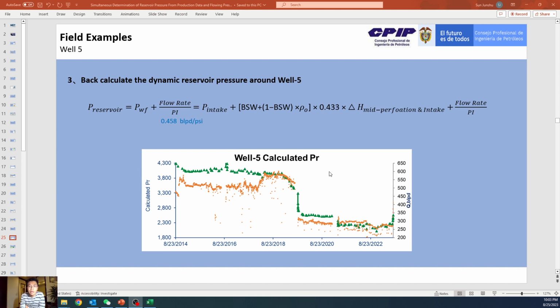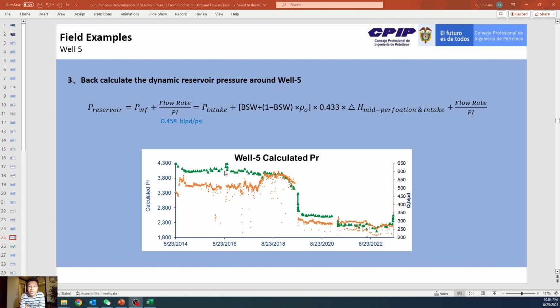We are using the PIP, that is the intake pressure, BSW, and the delta H between middle perforation and the sensor, and then the flowing rate of each state divided by the PI. Then we can get the dynamic average reservoir pressure around the well 5 wellbore.